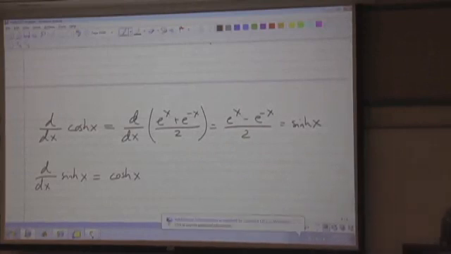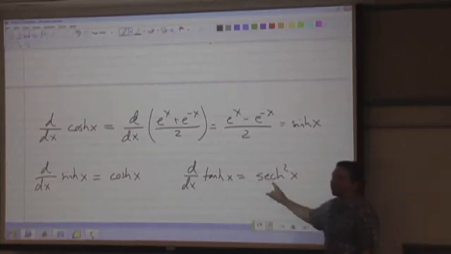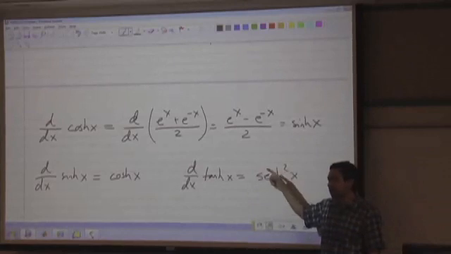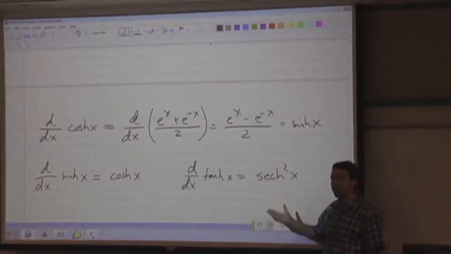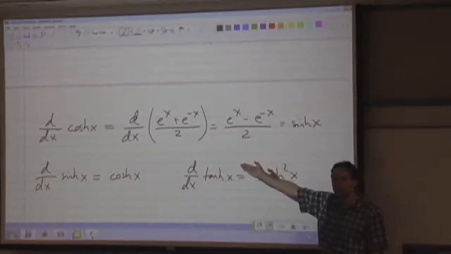What is the derivative of tanh of x? Sech squared of x, which is the hyperbolic secant squared. Remember from the problem we did in the homework, it was 4 over e to the x plus e to the minus x quantity squared, right? But that's just 1 over cosh of x squared, right?